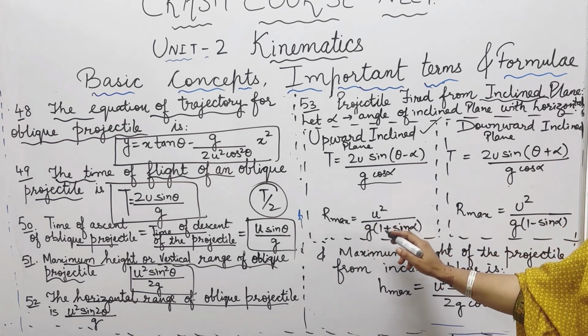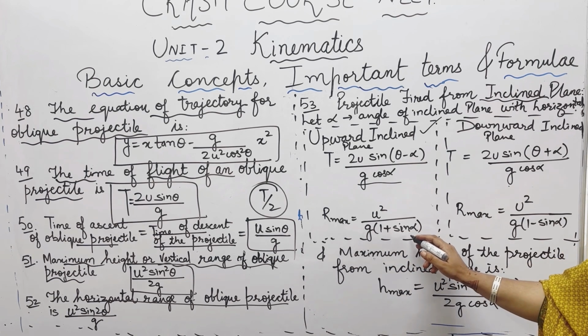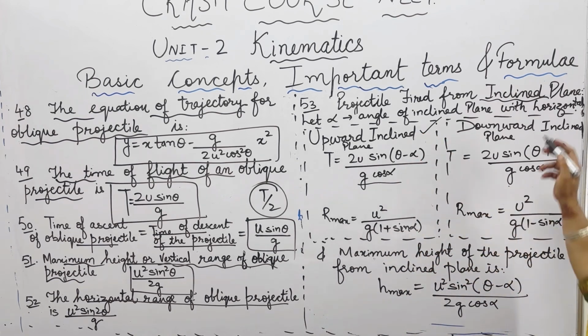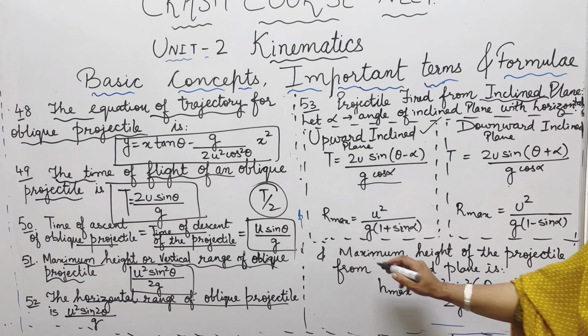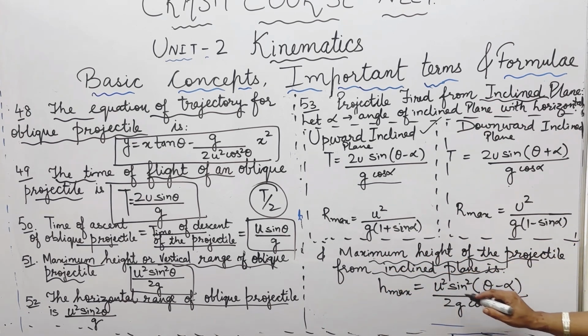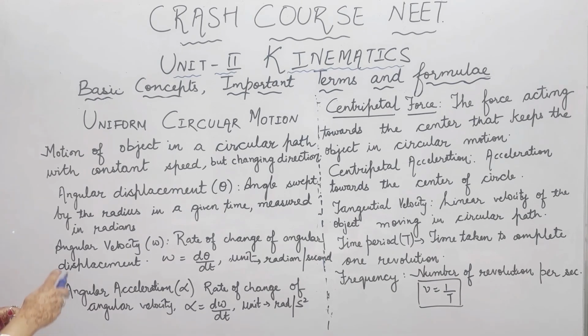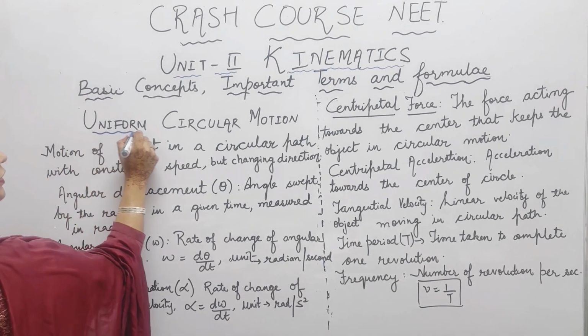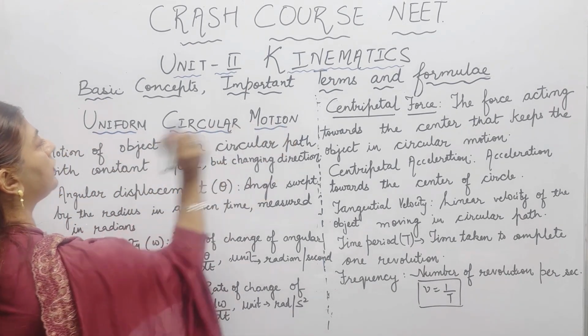Maximum range is given by u² by g(1 plus sin alpha) for the upward inclined plane, and for the downward this minus sign will come here. And the maximum height of the projectile from an inclined plane is given by u² sin²(theta minus alpha) by 2g cos alpha.